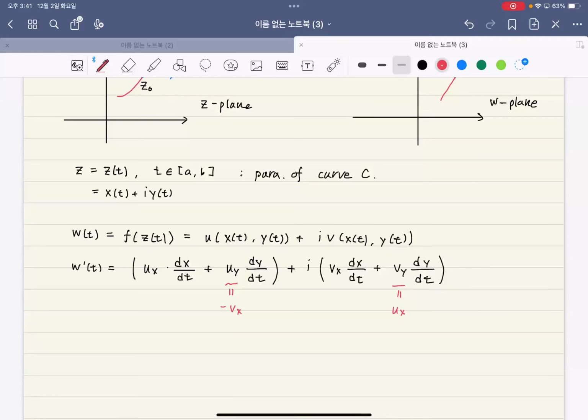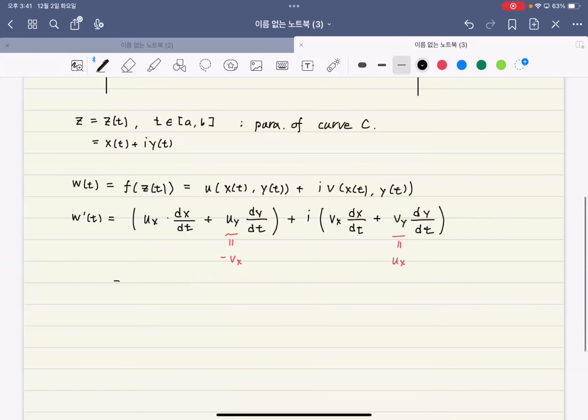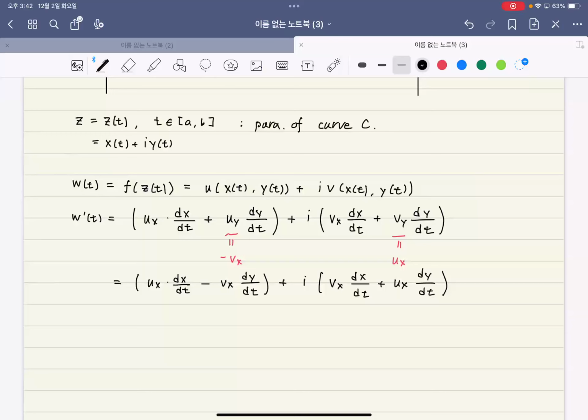So this is u_x times dx/dt minus v_x times dy/dt, plus i times v_x times dx/dt plus u_x times dy/dt.